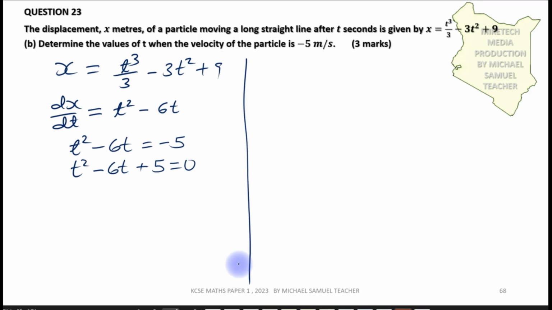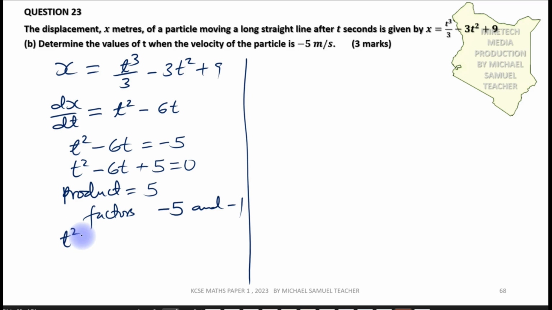I'm going to use the factorization method to solve this quadratic equation. The product AC, 1 times 5, is 5. Then I look for factors of 5 such that when I add them I'll get minus 6, and the factors are minus 5 and minus 1. So I write the middle term in expanded form: t squared minus 5t minus t plus 5 is equal to 0.